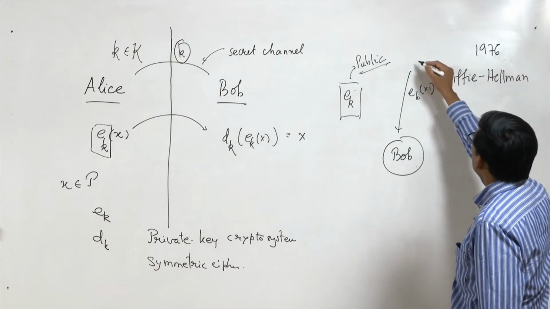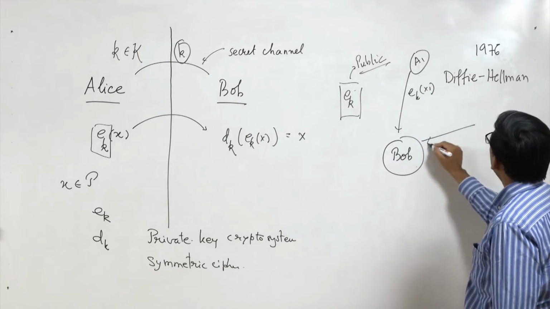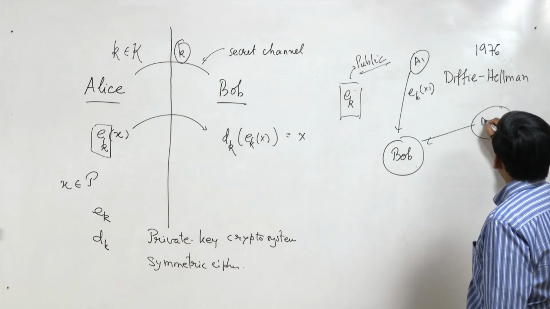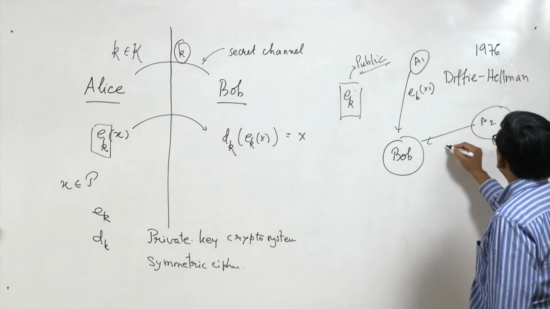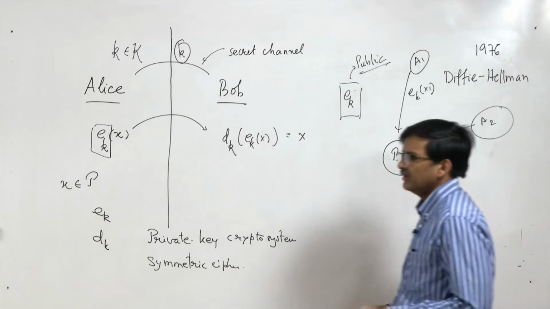Like someone, let us say this is A1, then let us say A2 is sending X2, and like that.